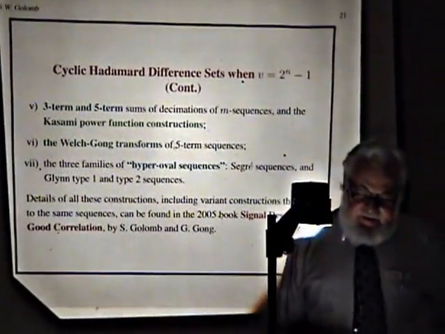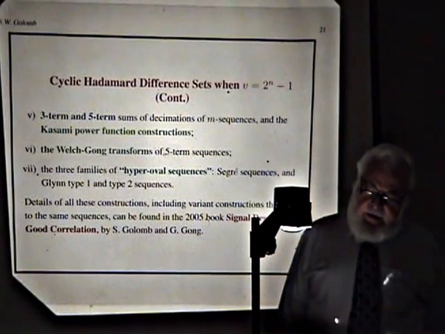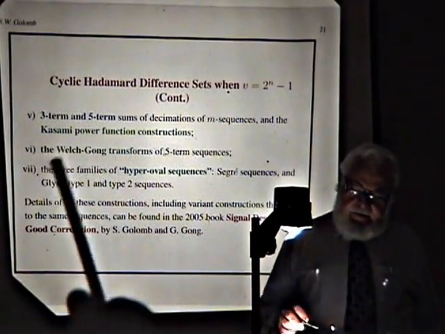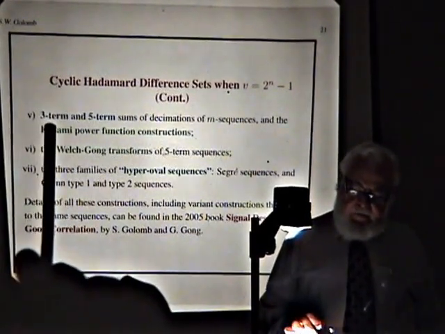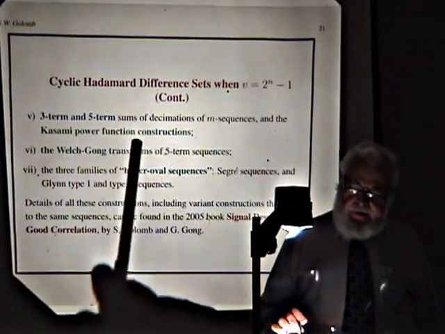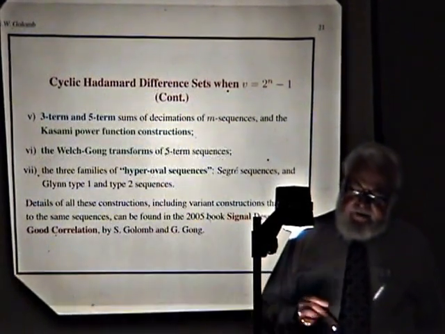About 10 or 12 years ago, it was found that you could find certain 3-term sums and 5-term sums of decimations of M sequences.